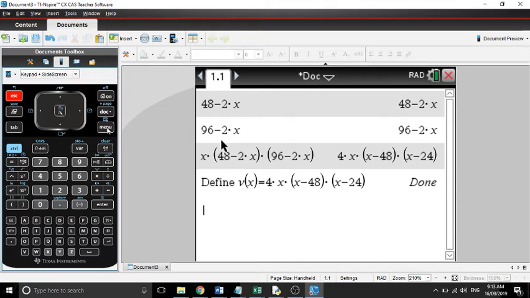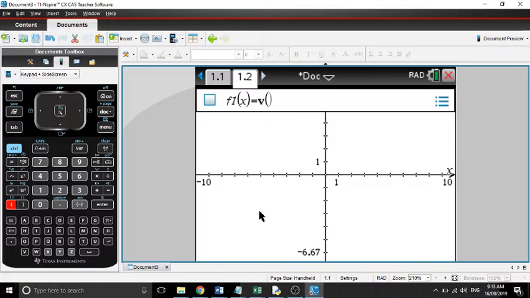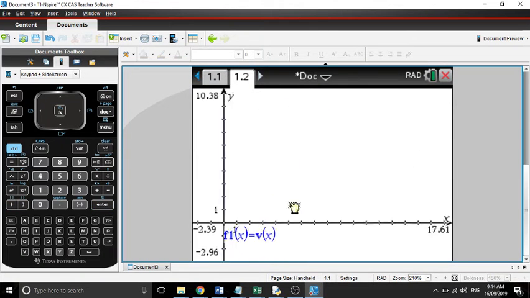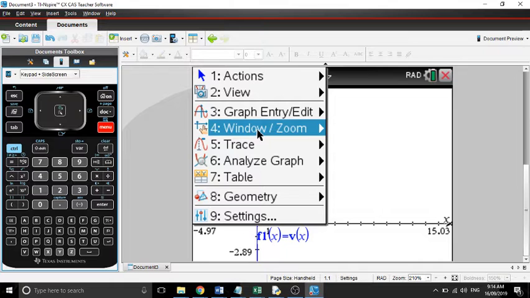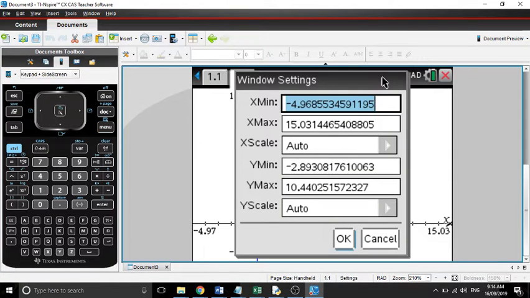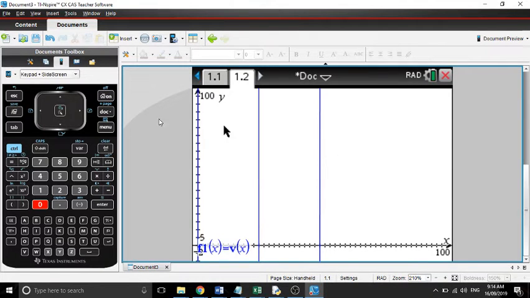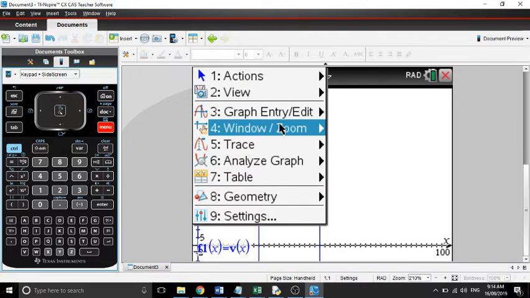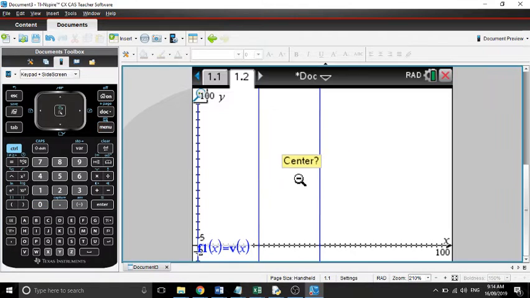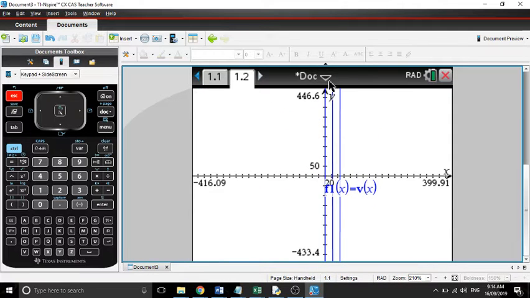Home. We're going to graph that thing, V of X. Oh, that's not good. Let's zoom right out. Window settings. We'll try -2 out to 100. Just see what we've got. That's ridiculous. Let's keep zooming out. I've got a horrible graph.